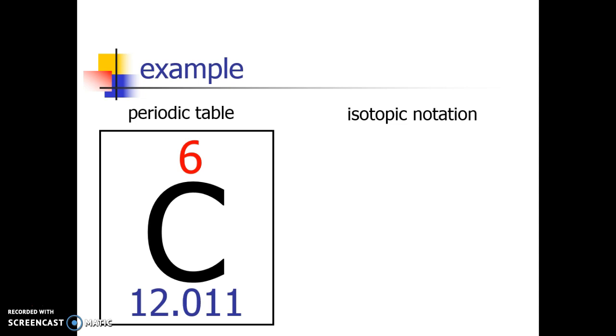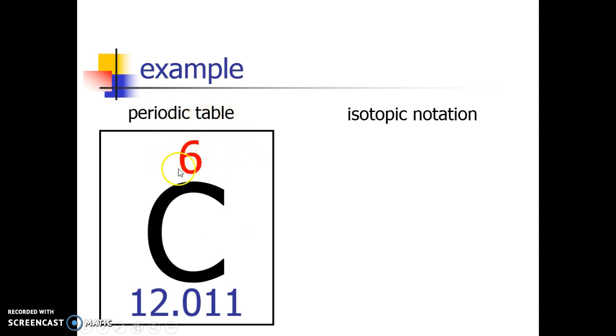If you look on our periodic table, there are 2 major numbers on any periodic table. There is a whole number, and then there is typically a decimal type number that is greater than the whole number, along with obviously the symbol. So how do we take this information and translate it into isotopic notation?